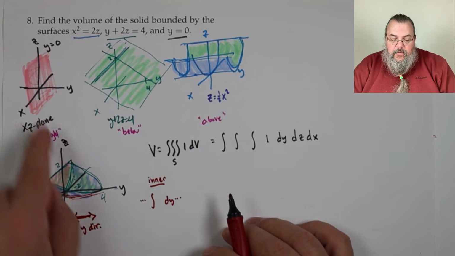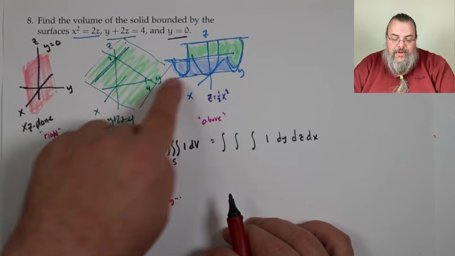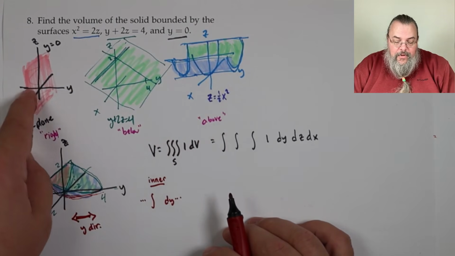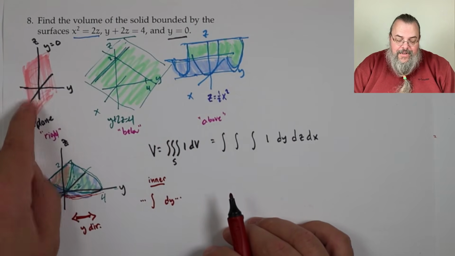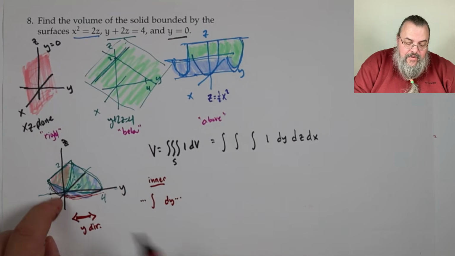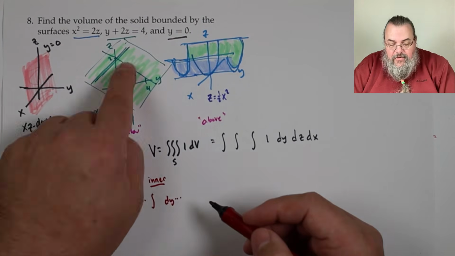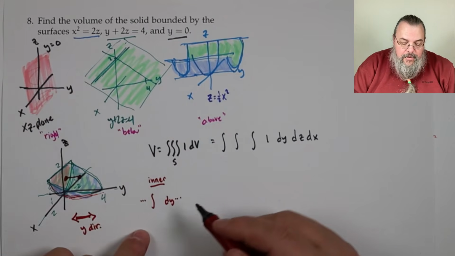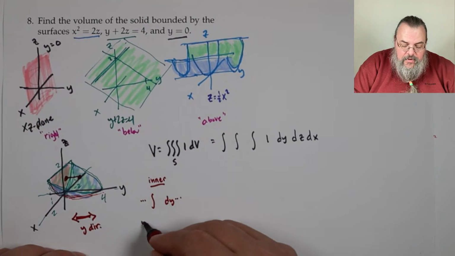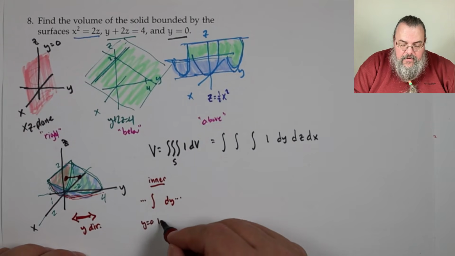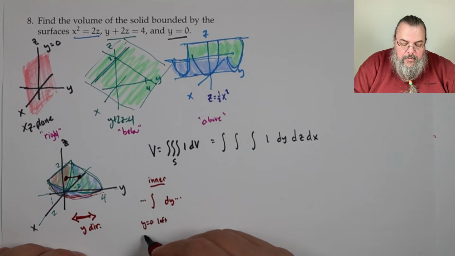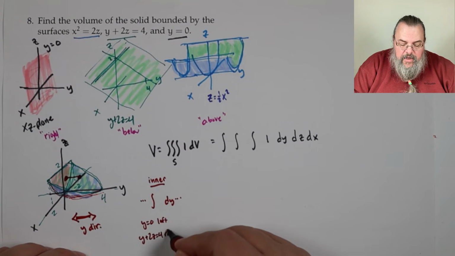What are our surfaces? Well, it's 2 of these 3. One of the surfaces will be this one. That's our left-hand surface. That's the back side. The other surface is going to be this one. And so we're going from y equals 0 on the left, and we're going to go to y plus 2z equals 4 on the right.